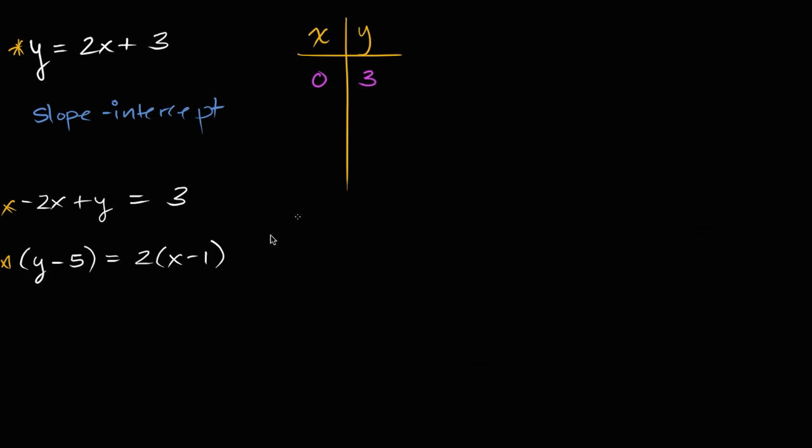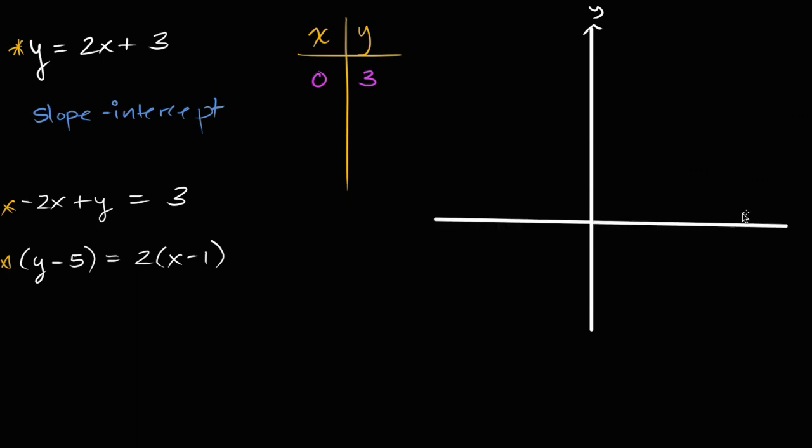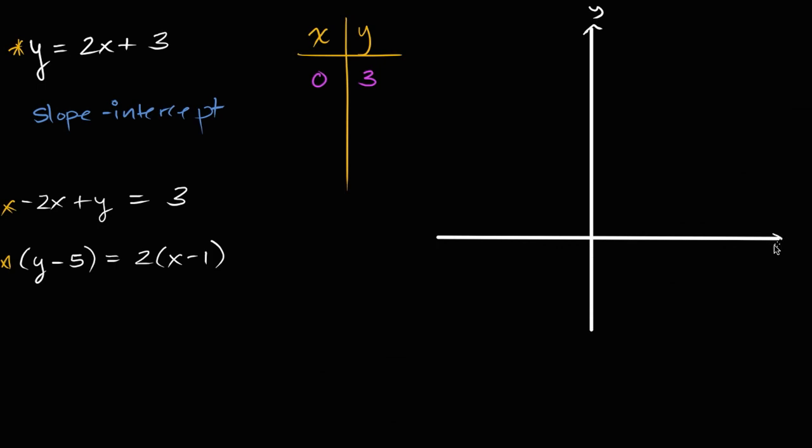And so if we were to plot this, actually let me start plotting it. So that is my y-axis. Let me do the x-axis. So that can be my x. That's not as straight as I would like it. So that looks pretty good. All right, that is my x-axis. Let me mark off some hash marks here.